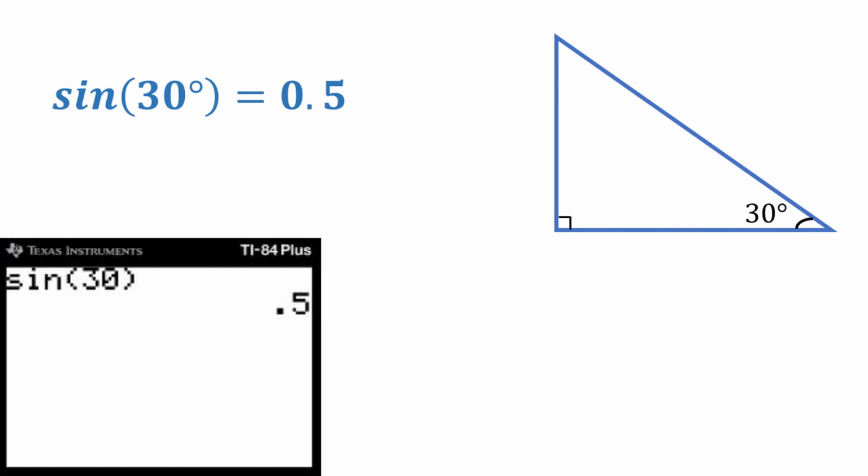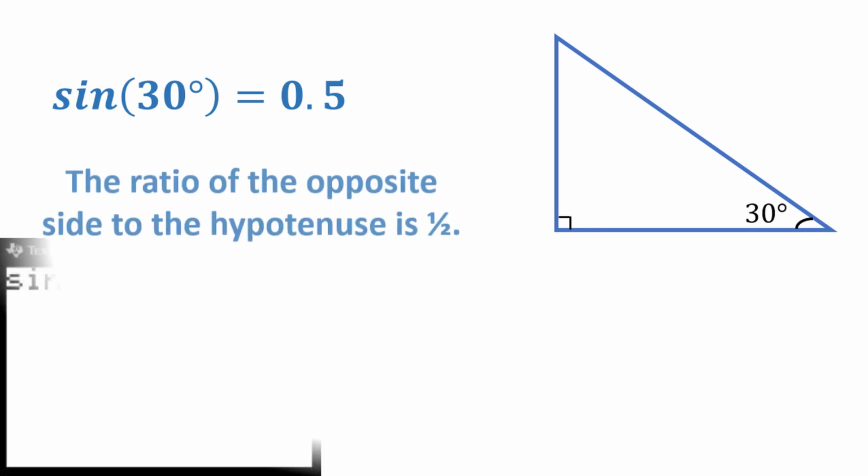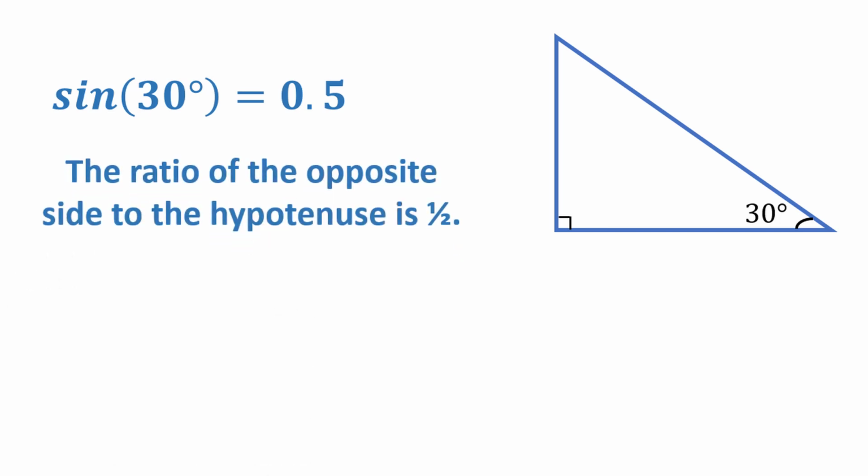What does sine of 30 equaling 0.5 really mean? Remember that sine of an angle is opposite over hypotenuse. That means that the opposite side must be half of the hypotenuse. This is just a ratio, so we don't know what the side lengths are for sure, but what we do know is that for any right triangle that has an angle of 30 degrees, the opposite side will be half of the hypotenuse.